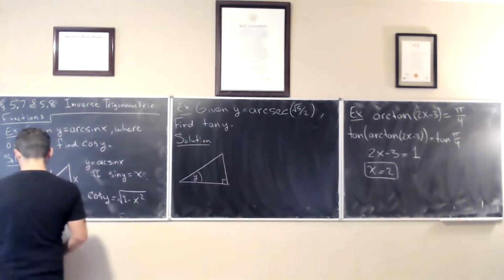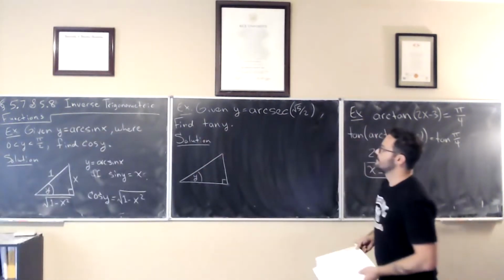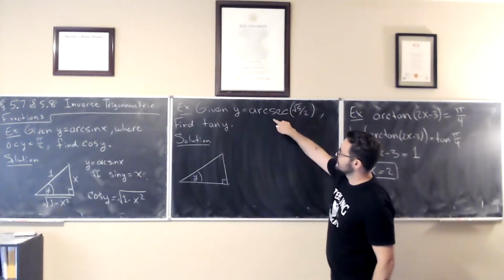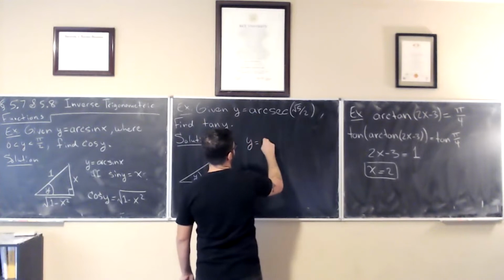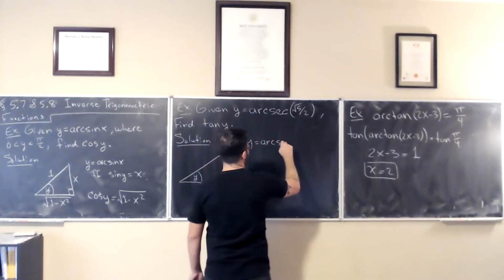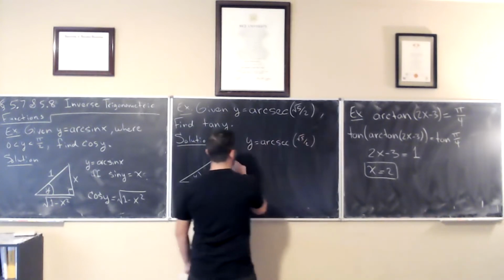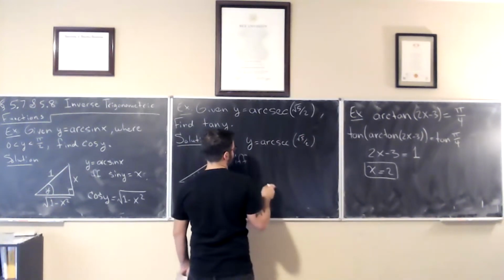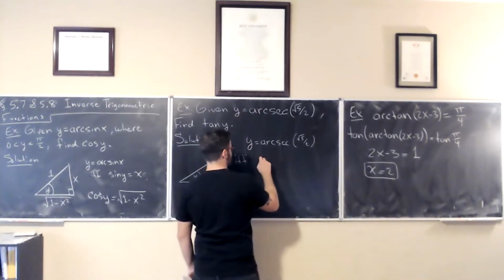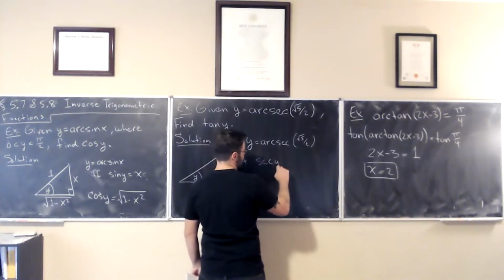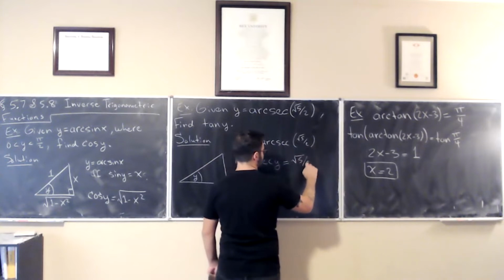Okay. So now, what do we know about this definition here? So y is arcsecant of root 5 over 2. Well, that's true if and only if the secant of y is equal to that. So you just take the secant on both sides. And again, this is because they're inverses of each other.